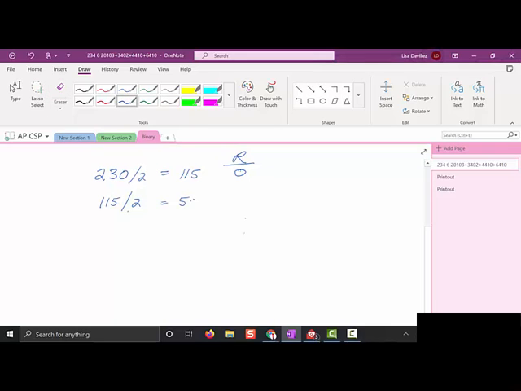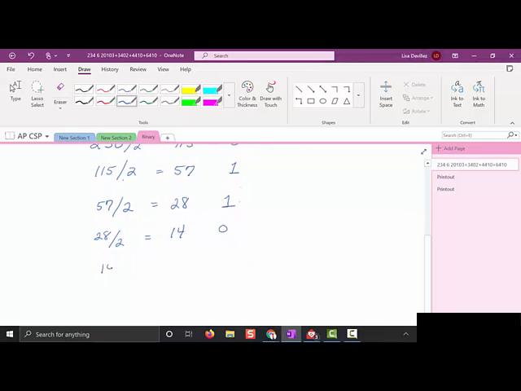There we go. 57 with a remainder of 1. 57 divided by 2 is going to be 28 with a remainder of 1. 28 divided by 2 is 14 with a 0 remainder.